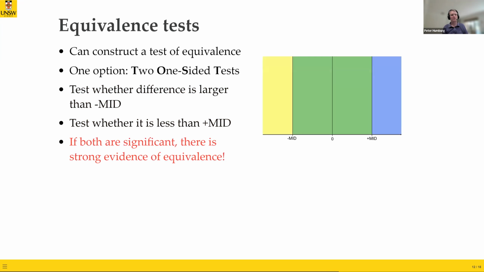And combining those two results, you can then decide whether or not your data provides evidence that your estimate lies between those boundaries, which is the green region here, which would then suggest that there is equivalence, right? So no effect, basically.